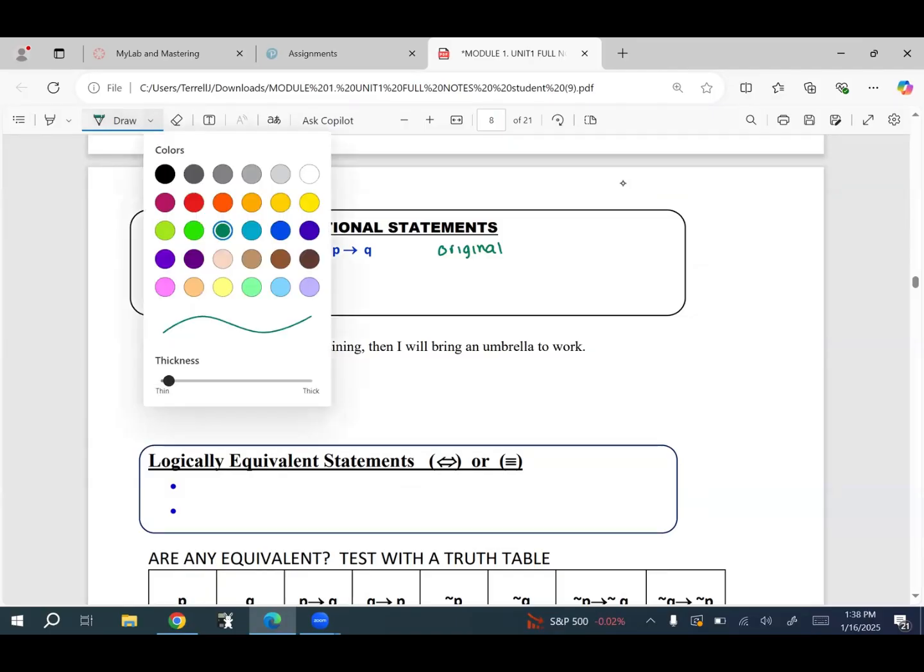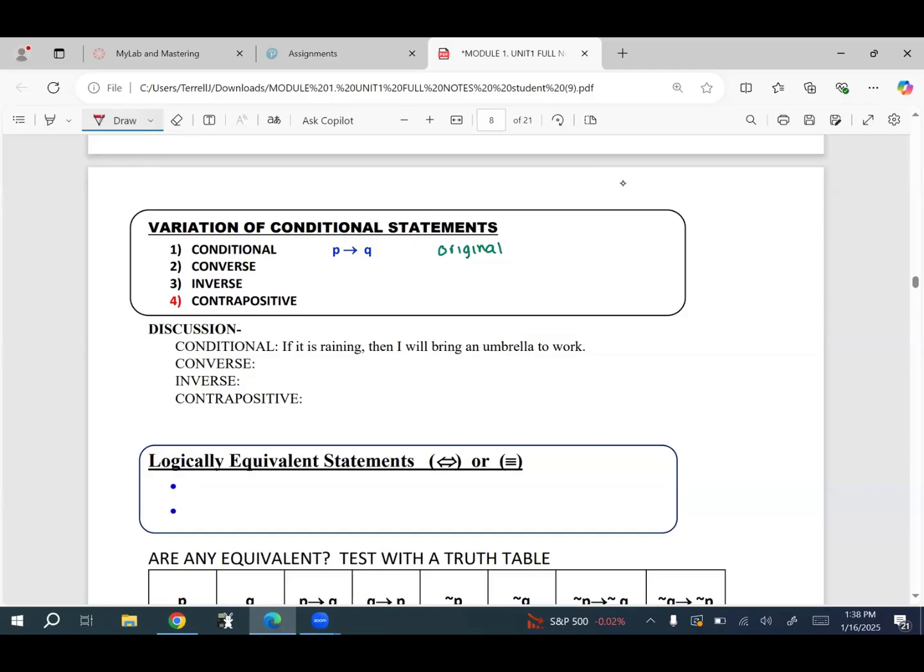Now, converse. Converse means I'm going to flip the P and Q. So it's all if-then statements. Conditional means I'm dealing with if-then statements. But if it's a converse, then it's if Q, then P. I've flipped the order of the original.